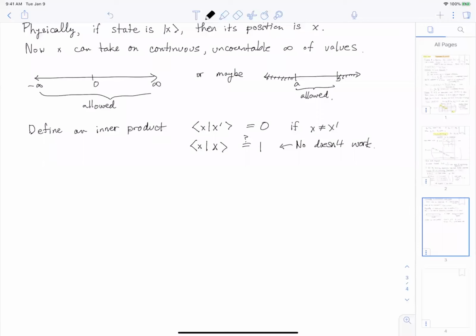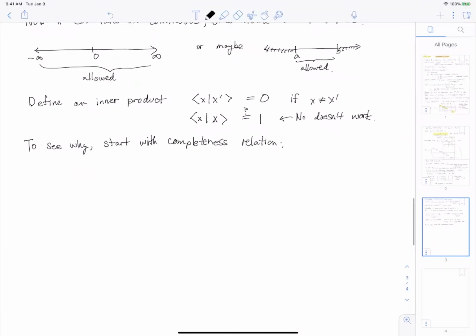So let's prove that it doesn't work. To see why, let's start with the completeness relation, because the completeness relation is usually the guide to all wisdom. Because this is a continuous value, instead of summing, we have to integrate. So we do an integral from a to b.